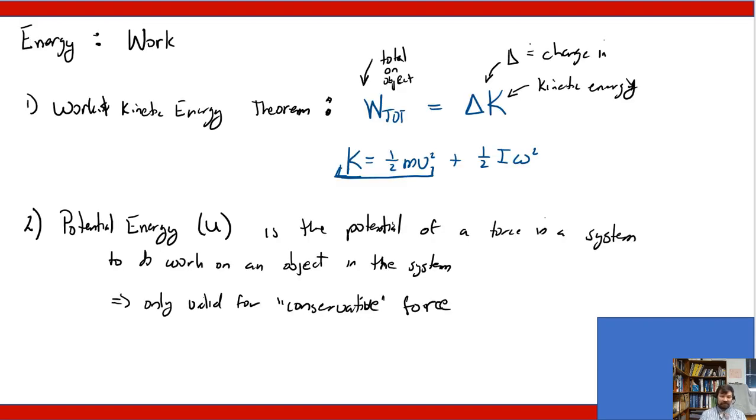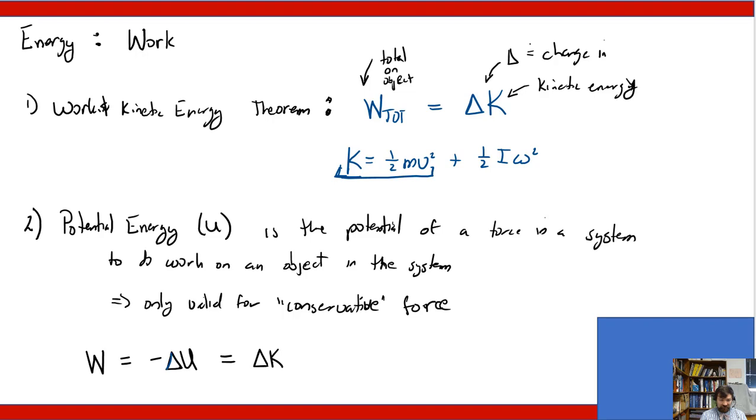Now the key take home from this second one, and this is maybe the most important of Physics 1 energy stuff that goes into Physics 2, is that within a system, the work done within the system is equal to the opposite of the change in the kinetic energy. Or in other words, and this is energy conservation, change in kinetic energy and change in potential energy are equal.